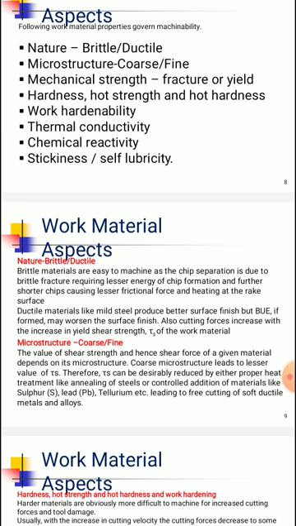So the ductile materials like the mild steel, for instance, we have taken an example that mild steel, it produces the better surface finish, but if a built-up edge is formed it may worsen the surface finish. Okay.